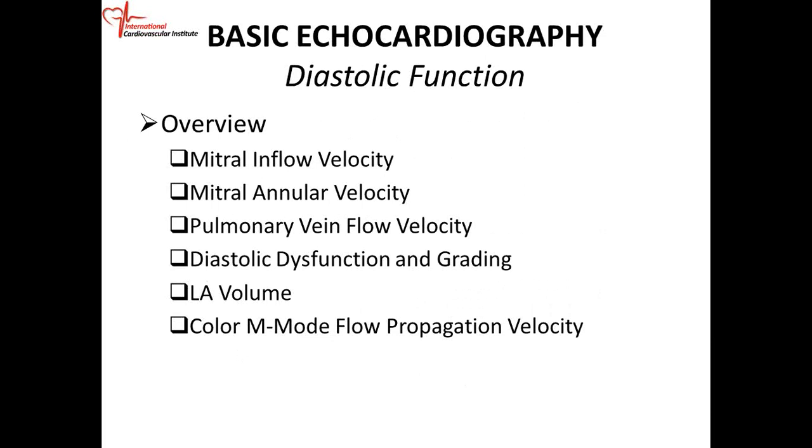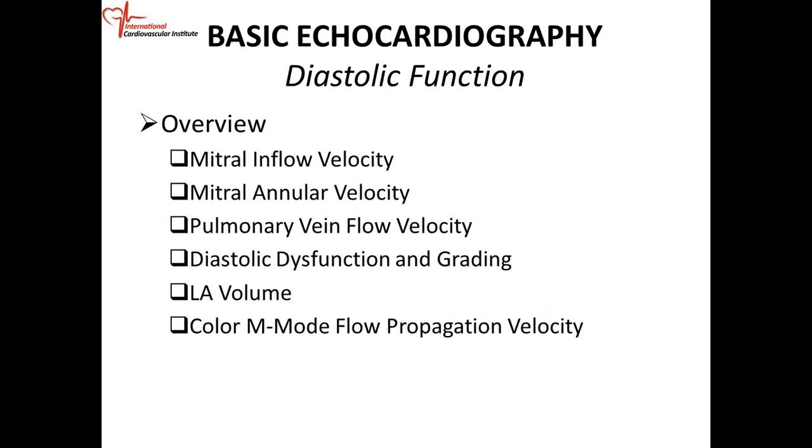In the Doppler session, we look at tissue Doppler imaging, and I told you that when the septum or the mitral annular plane moves up, that's what we call our S prime velocity. And it's supposed to travel at a certain speed.